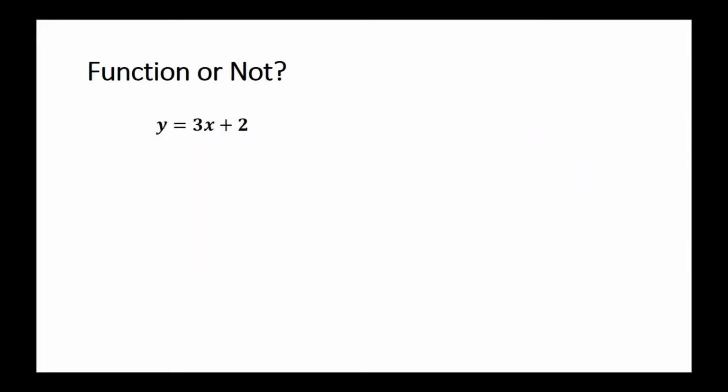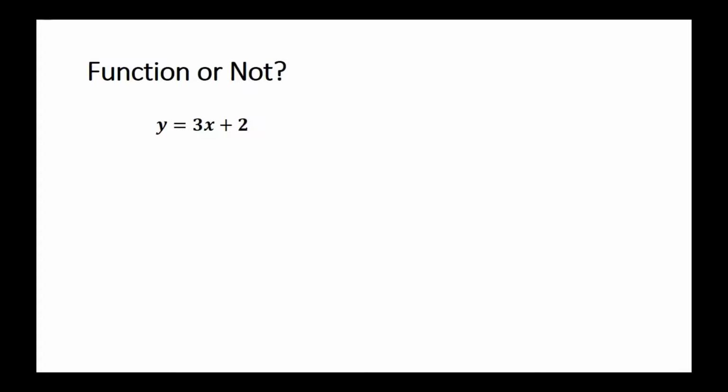Let's look at y is equal to 3x plus 2. Well, we should recognize that form. That's y equals mx plus b. That's the equation for a line. So as long as this is not a vertical line, which would be x equal to some value, then this could be a function, because if we have a line and we don't have a vertical line, then every input has its own output.